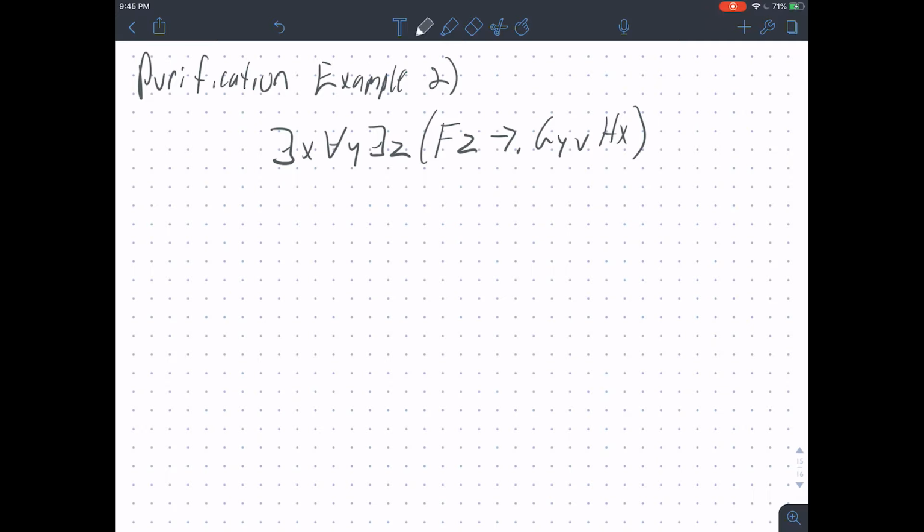Okay. And so the first thing we got to do is work on this one. Here in this conditional, this is an existential quantifier and its scope is a conditional, and the bound variable, the z, is only in the antecedent.